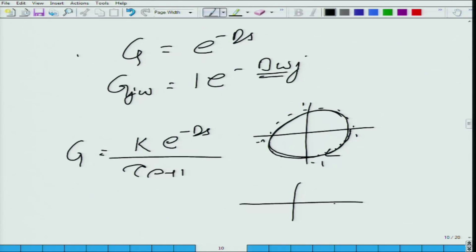So, you are going round and round, but the magnitude is becoming smaller and smaller, and ultimately at large frequencies, this is what the Nyquist plot for a first order plus dead time would look like, and of course, the direction is as follows. So, you can see that if you have the transfer function, replace s by j omega, the Nyquist plot is a piece of cake.